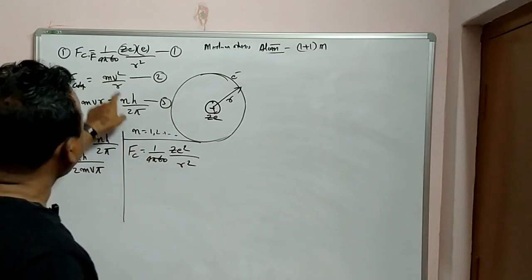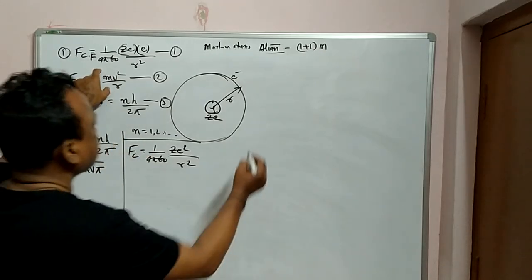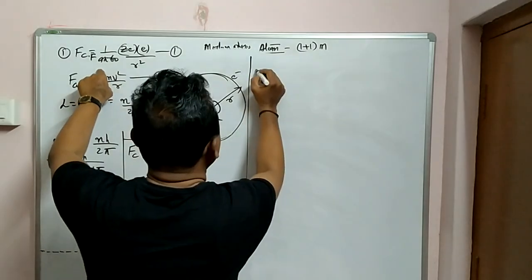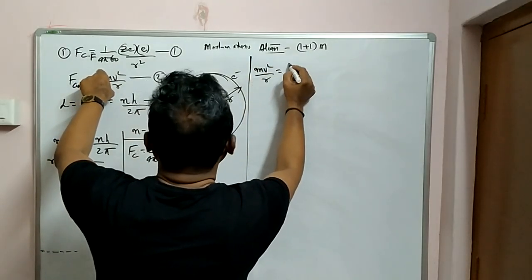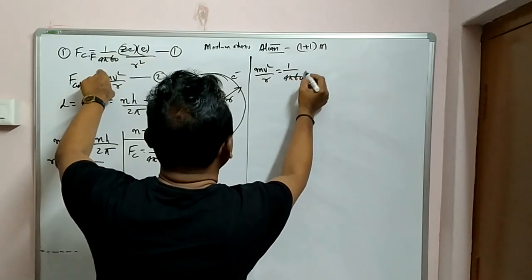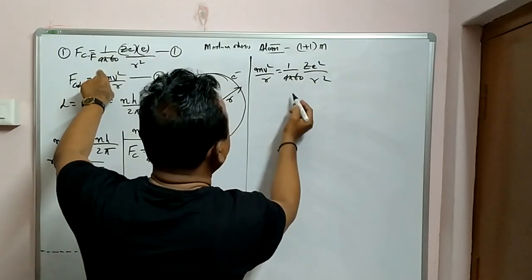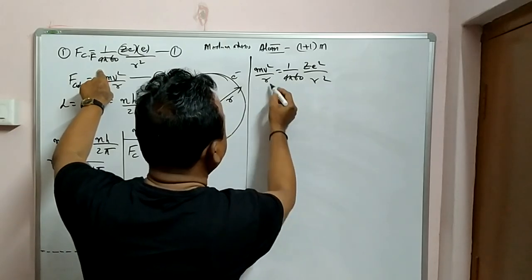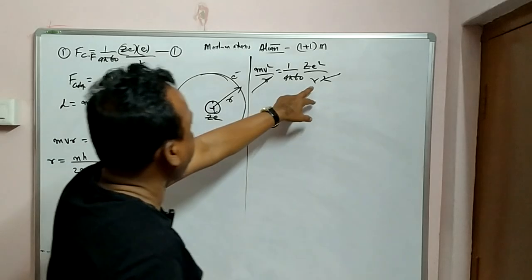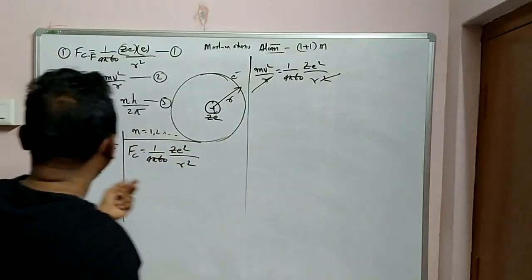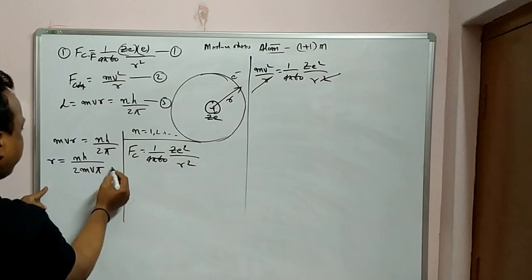If you compare these two, you will get one more equation. Look, centripetal force, I am writing here, mv square by R is equal to 1 by 4 pi epsilon naught Ze square by R square. If you compare this, what happens? You will get one value for R. And if you take the angular momentum equation, you will get one more equation.